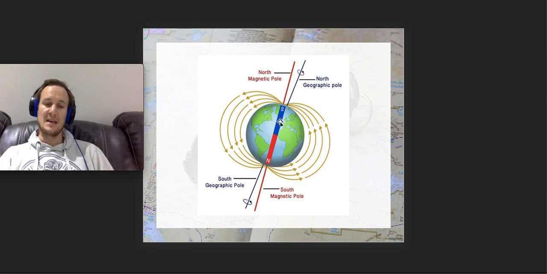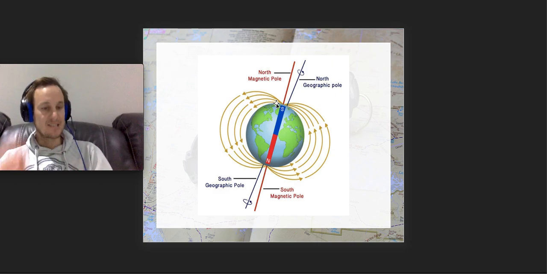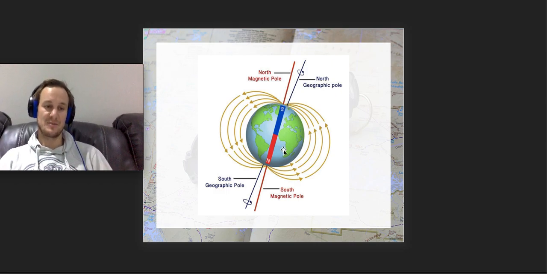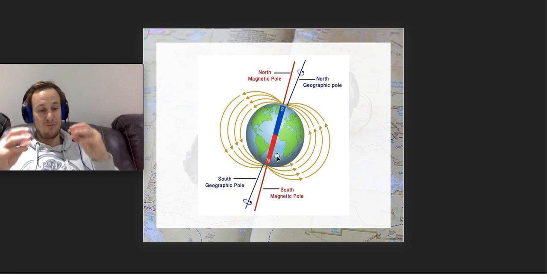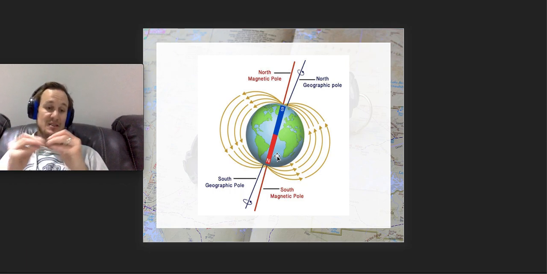Now, that tilt means that south and north aren't exactly up and down, they're kind of skewed a little bit that way. And what's confusing is that when you look at it, the South Pole and North Pole are at opposite ends of where they should be. The South Pole's up here and the North Pole's down here. But that's because, well, it is the opposite. North Pole is still up at the top. But the reason why they've done it like this is because when you have two magnets that meet each other, the north side of a magnet can't actually join to the north side of another magnet.